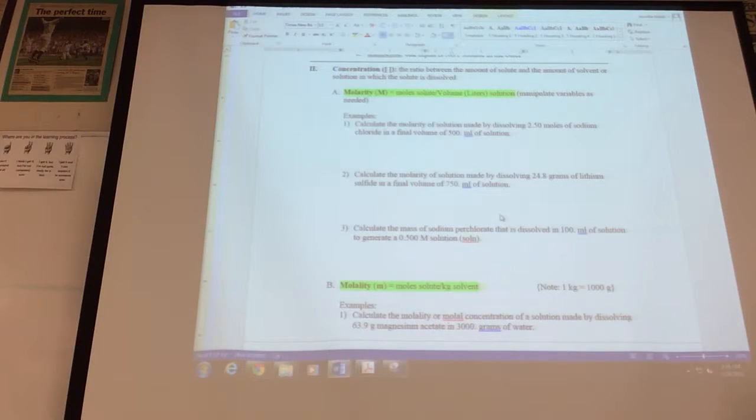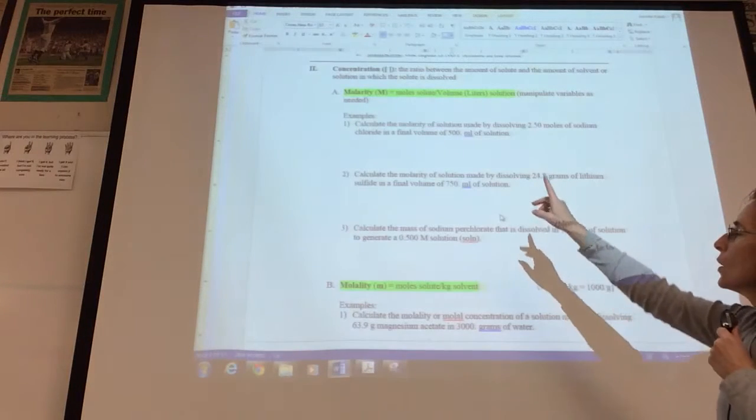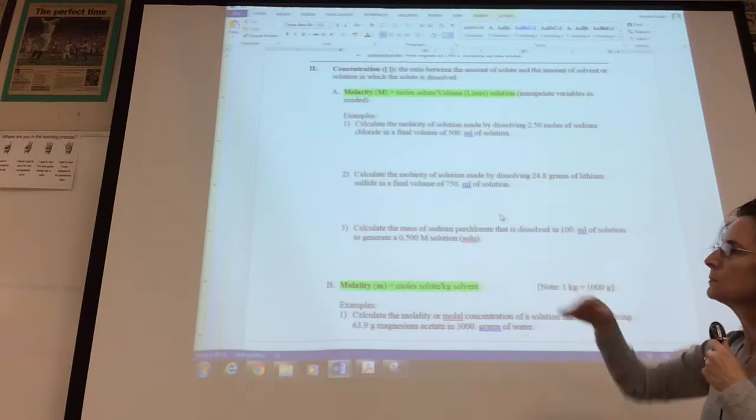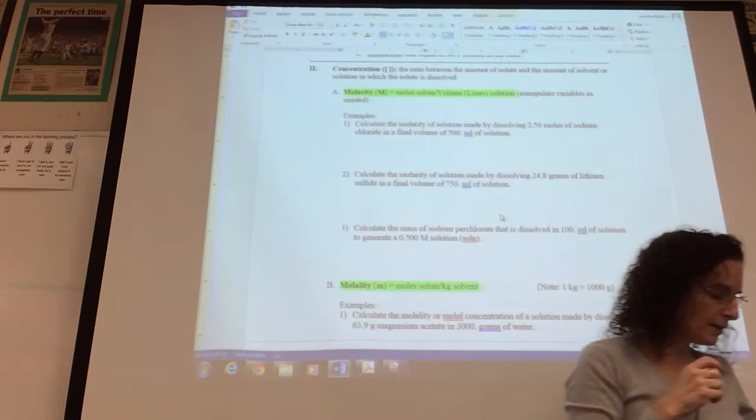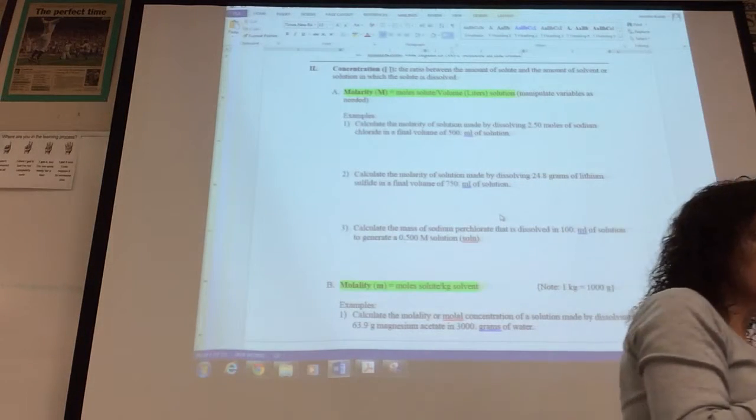That's the total volume you have, and we're going to talk about how to make solutions today, and later in the week you'll be doing a lab where you actually get to make solutions 2 different ways. That'll be good for you to learn how to make solutions and to see the different types of equipment that you use. So we're going to walk through 3 problems. You have to have good formula writing, and you have to really note these units.